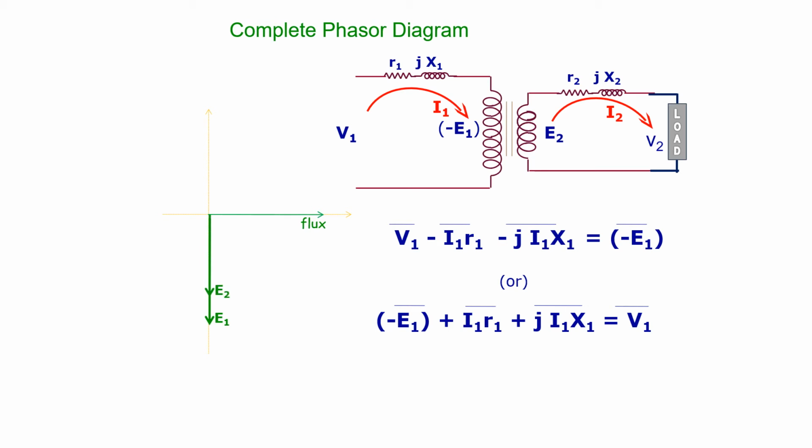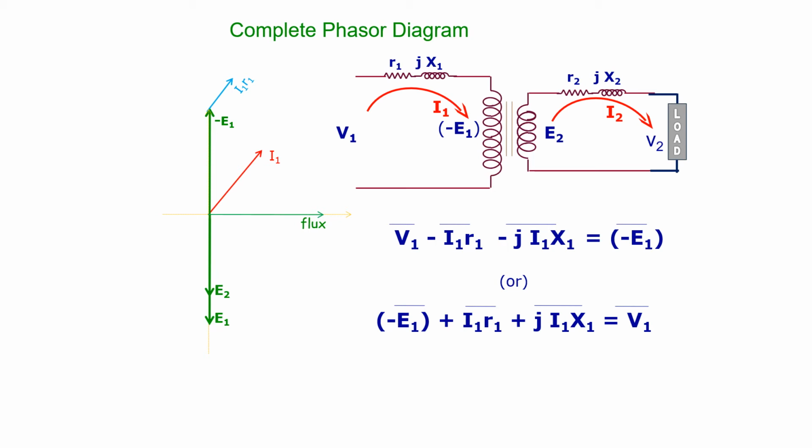We know E1, E2 lag by 90 degrees. Minus E1 phasor is opposite to E1. This is the input current I1. Now for the minus E1 phasor, we will add the resistance drop and then the reactance drop. I1 R1 phasor is added to minus E1.